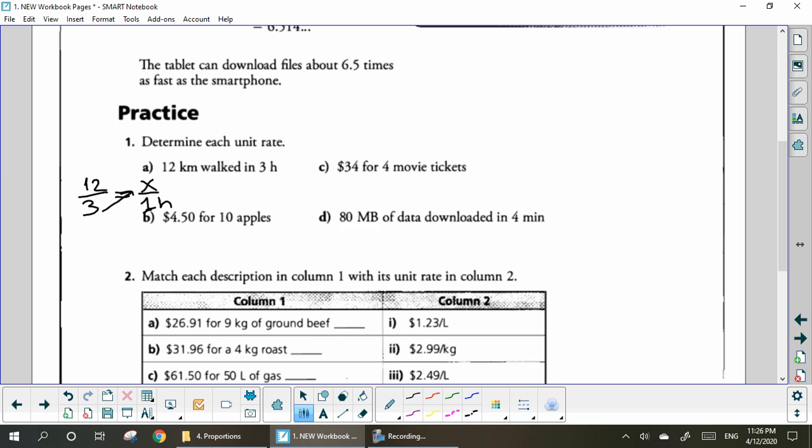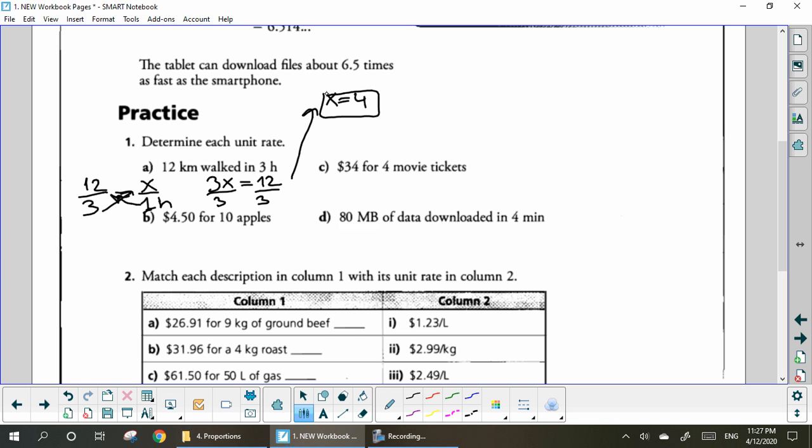So we cross multiply. 3 times x is 3x, equals 1 times 12, which is 12. The last step is we divide by 3. x is equal to 4. So the unit rate in this case is that you walk 4 kilometers for every hour.